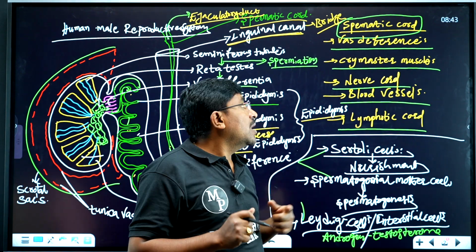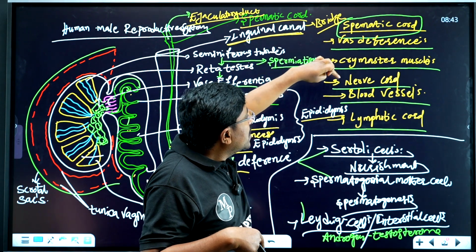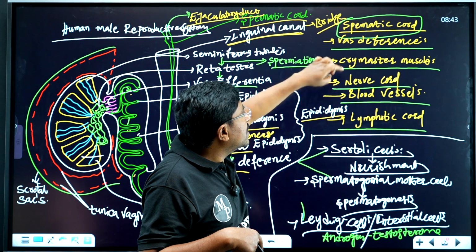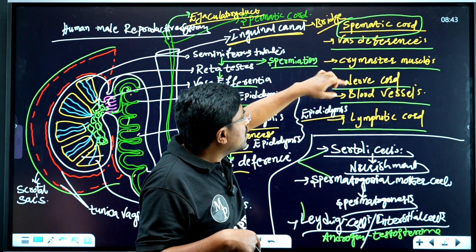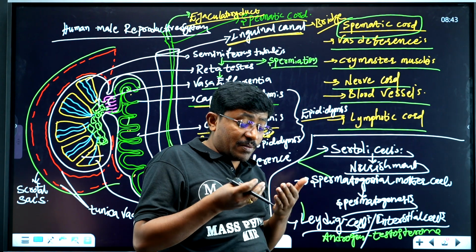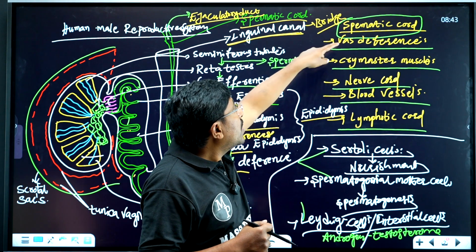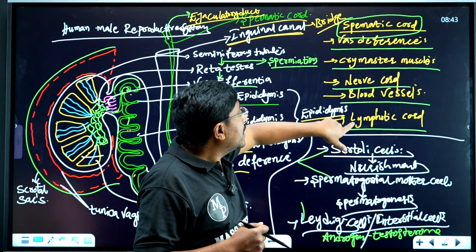That is the question. From the abdomen to the scrotal sac: cremaster muscles, nerve cord, and blood vessels. And from the scrotal sac to the abdomen, which structures ascend? The vas deferens and the lymphatic cord.